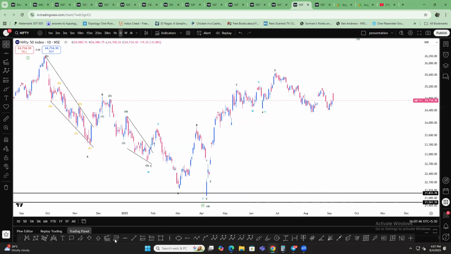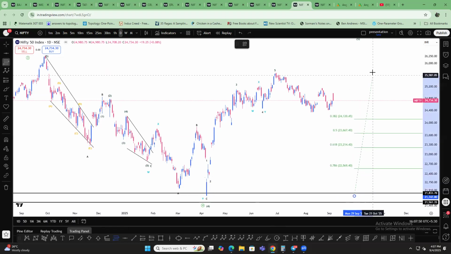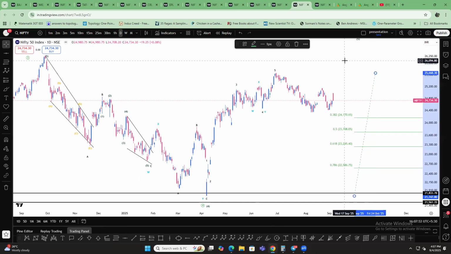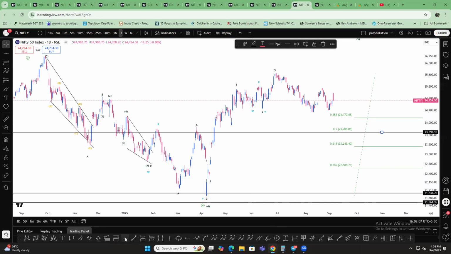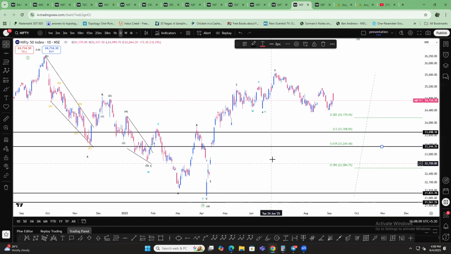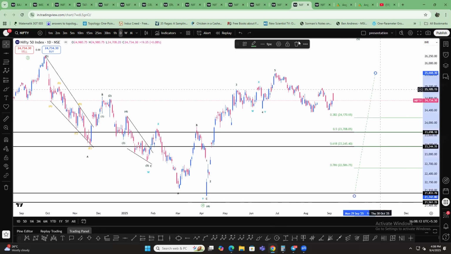Now, what is the minimum projection of wave 2? Actually, wave 2, sorry, minimum retracement. Wave 2 retraces 50 to 61.8% of this wave 1. In that case, our expected area of support is here, right?